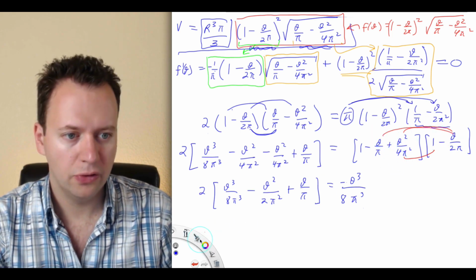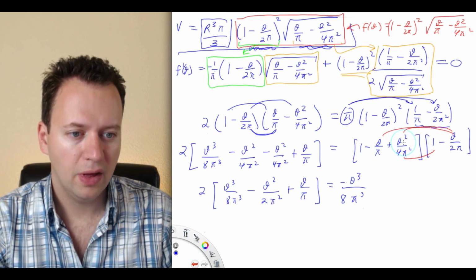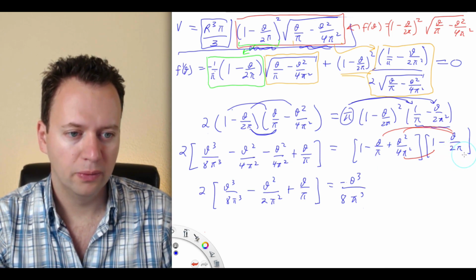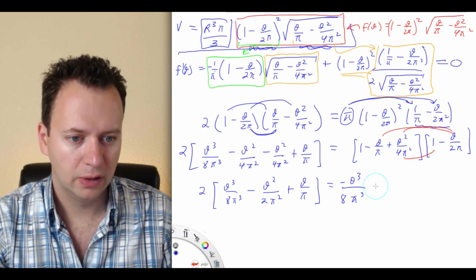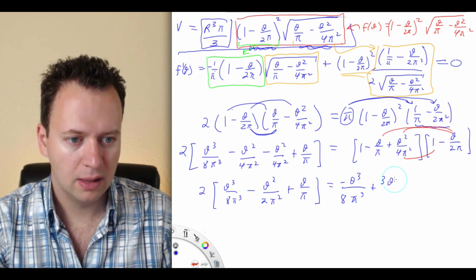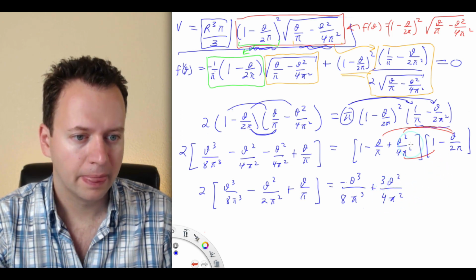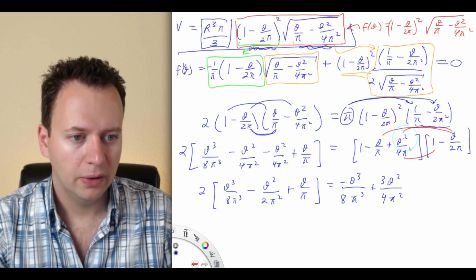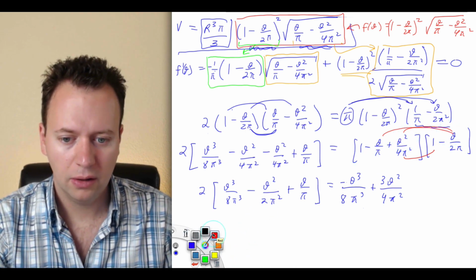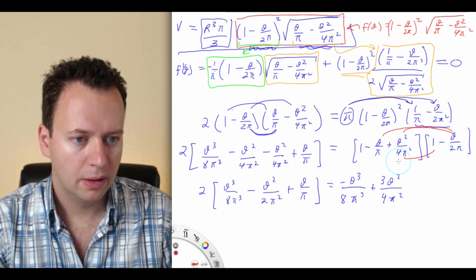So what are the two theta squared? We get theta squared over 4 pi squared, and then plus theta squared over 2 pi squared. So 1/4 plus 1/2 is 3/4, so it's plus 3 theta squared over 4 pi squared. Right, that comes from here and from there.